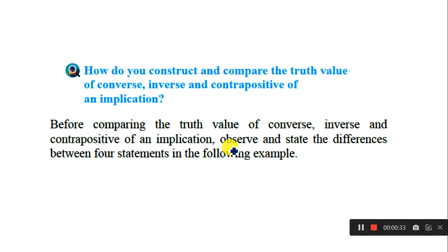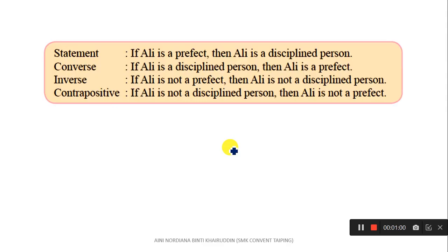So how do you construct and compare the truth value of converse, inverse, and contrapositive of an implication? Before comparing the truth value of converse, inverse, and contrapositive of an implication, observe and state the differences between four statements in the following example.